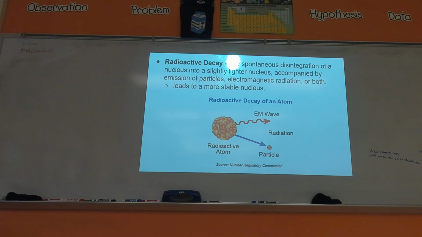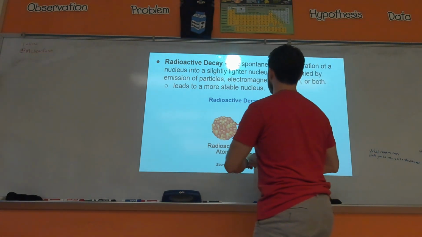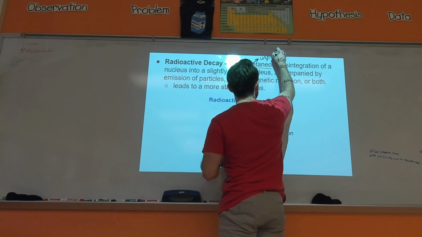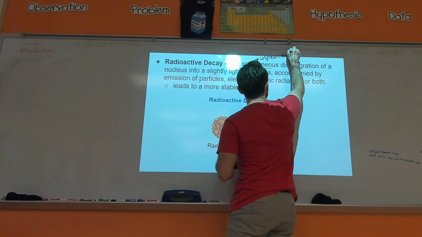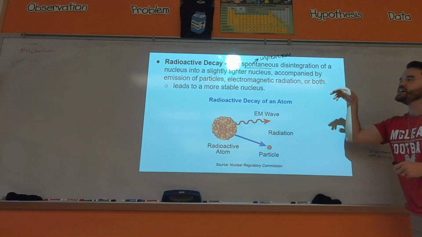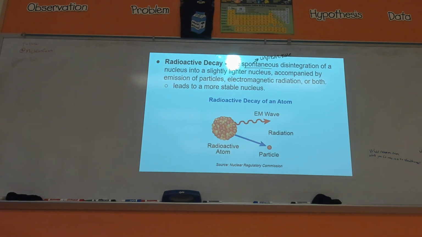So in radioactive decay, they say it's spontaneous disintegration. What's spontaneous mean? Out of nowhere. Yeah, out of nowhere is good. Unpredictable, maybe. Sometimes that happens quickly. So it's this unpredictable disintegration of a nucleus that makes up an atom into a slightly lighter nucleus.